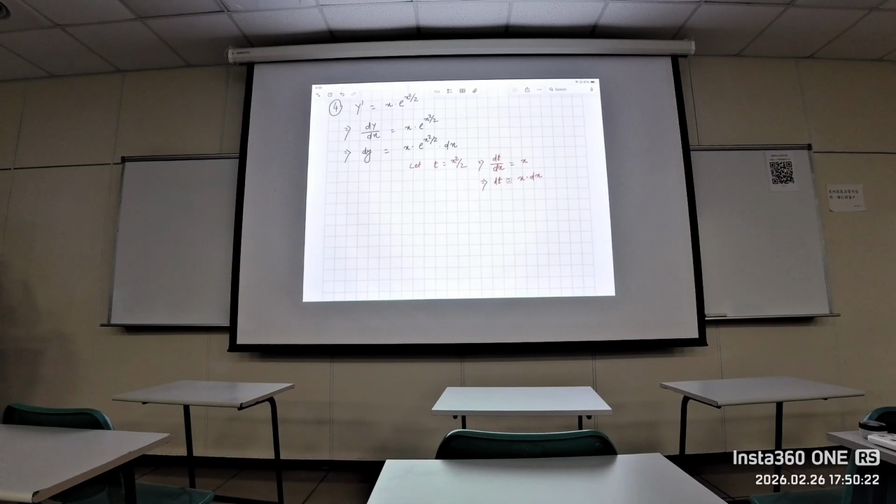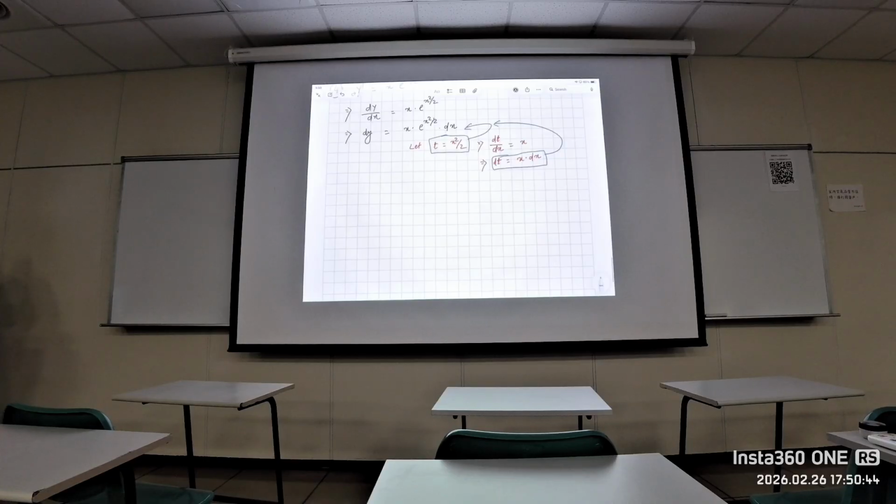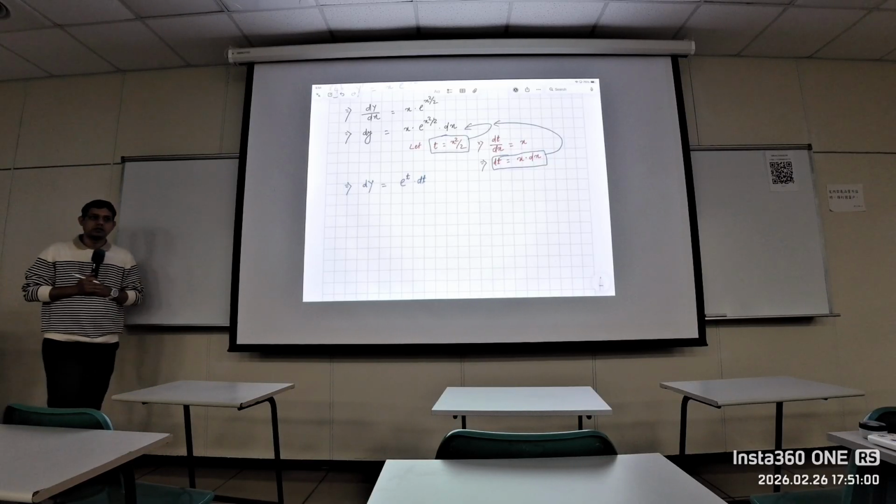So if you clearly see two things, one is dt is equal to x dx, another one is t is equal to x square by 2. So if we put these two here, then our problem now becomes dy is equal to how much? e to the power t dt. Right? So simple.